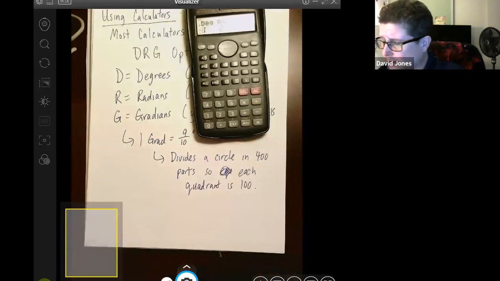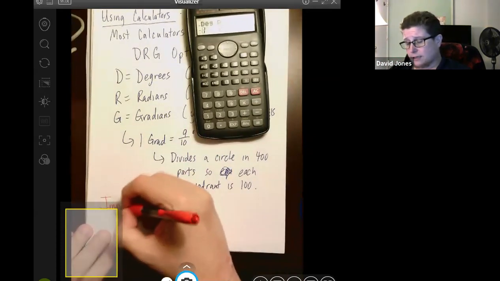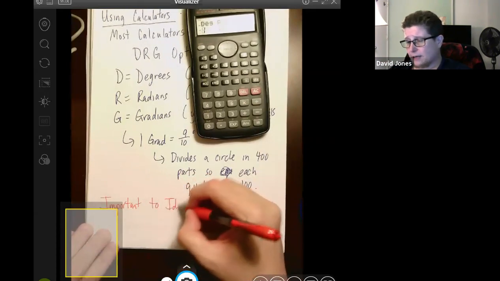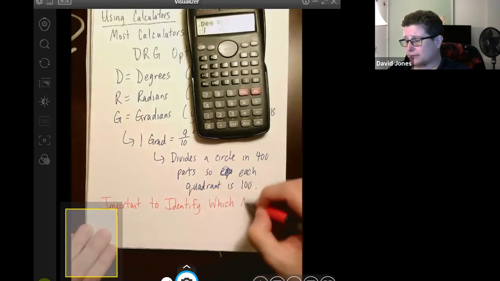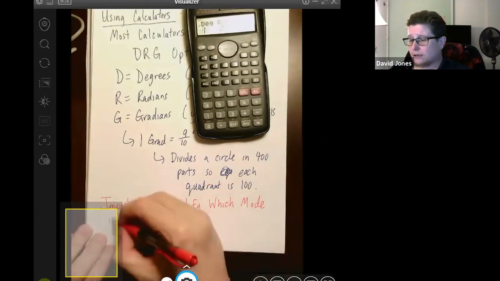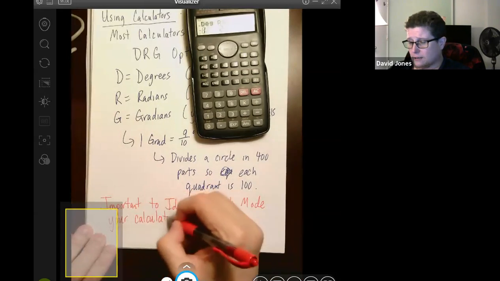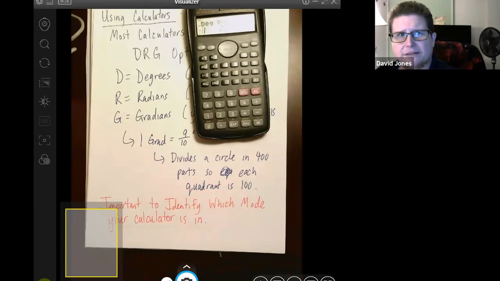Okay, so it's important to identify which mode your calculator is in. Sine of 30 in degrees is 1/2.